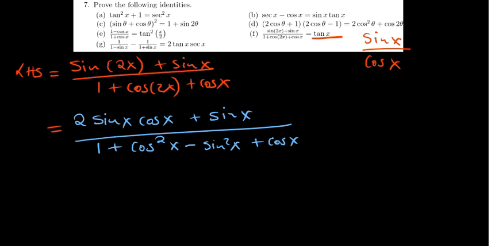Is there anything that we can actually cancel out at this point? One thing we can clearly see is that 1 minus sine squared of x can be combined to give us cosine squared of x.